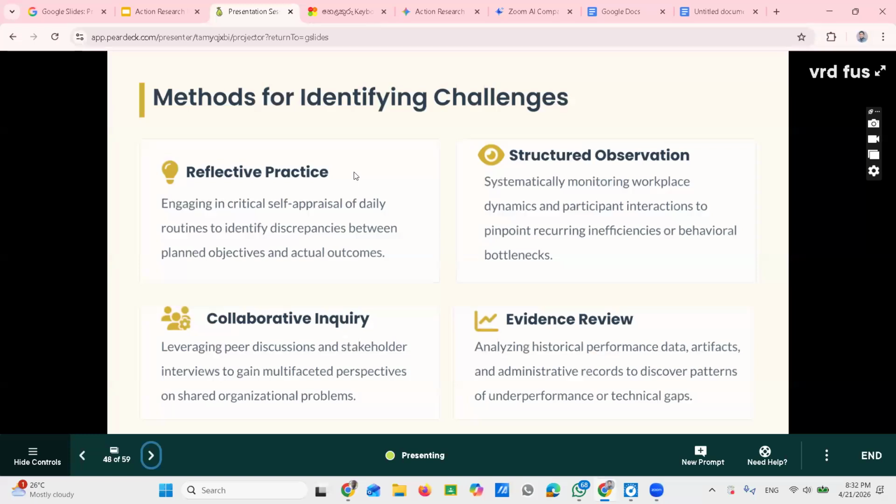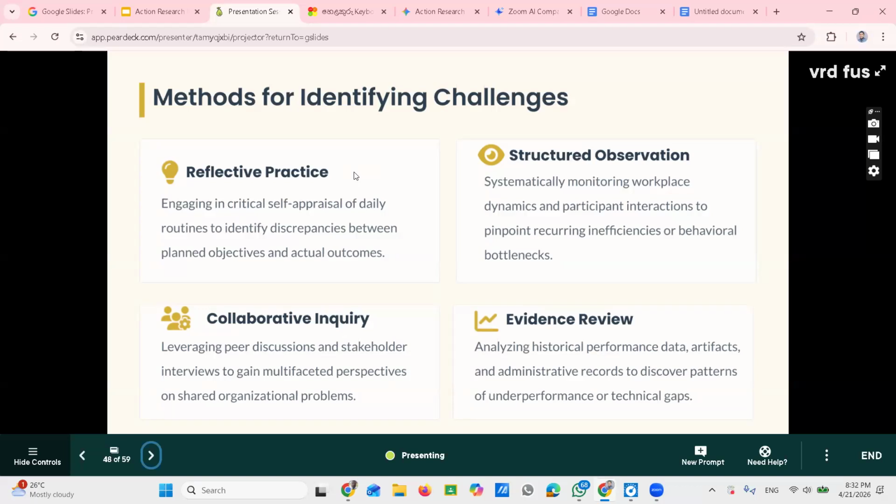When you are teaching in the classroom, as a teacher, there are different types of documents you have to maintain yourself: lesson plan, reflection notes, lesson notes, week notes, like that. By referencing these notes, you can identify a problem.